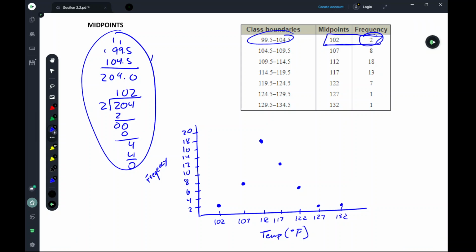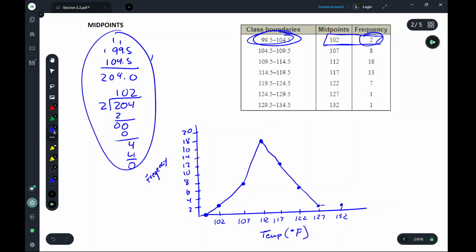Now that I've plotted the frequency connected with the class's midpoint, I'm simply going to connect them. But there's one other critical thing here. I'm actually going to make a point down here at 0 where the midpoint of a class right below this would be. Then I'm going to start connecting my frequencies connected to my midpoints, and then I'm going to drop this back down to 0 again.